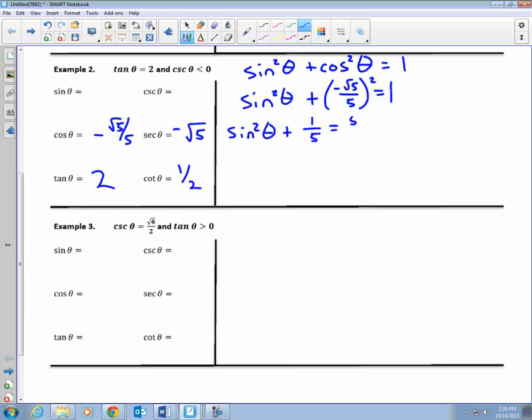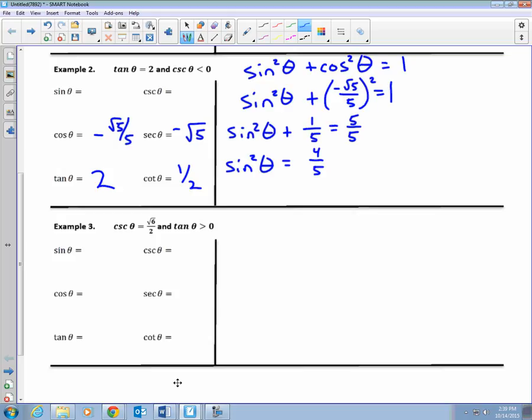Equals 1 or 5/5. What do I do to both sides? Subtract. So sine squared theta is equal to, when you subtract, you get 4 over 5.